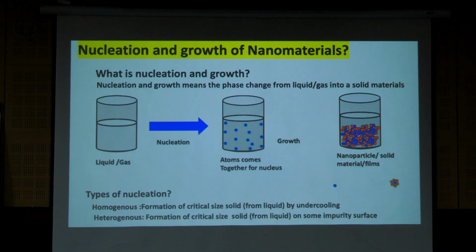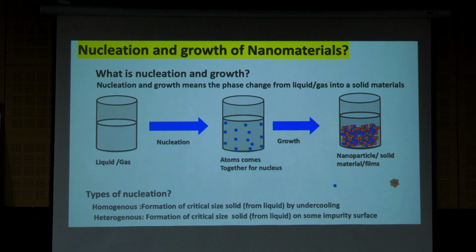So I will explain how nucleation happens in the CVD technique. Basically, nucleation and growth is very important. I just showed you how indium selenide nanocube is formed by laser ablation. Similarly, how is a nanostructure formed? Whether it is liquid or gas, initially there should be some kind of nucleation.